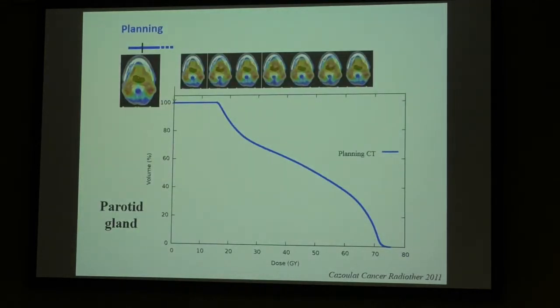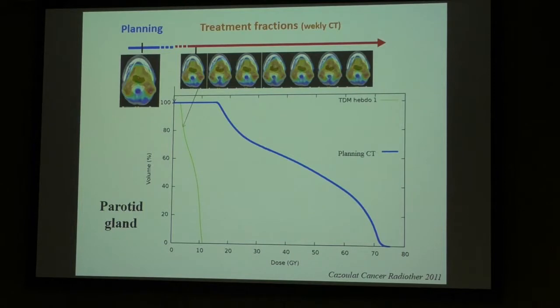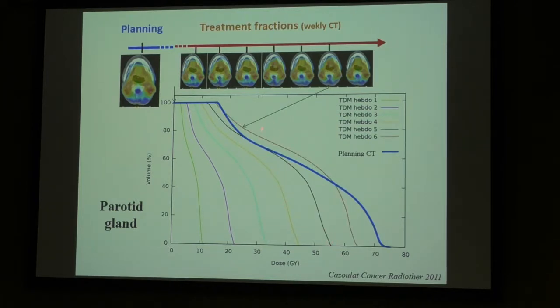Anyway, in this case, we had weekly CT. Here is the planned dose in the parotid gland, and considering the dose received weekly, it means that at the 5th week, the accumulated dose was superior to the planned dose.